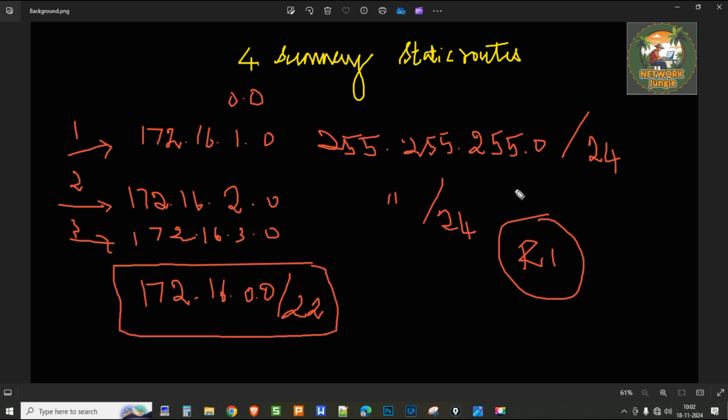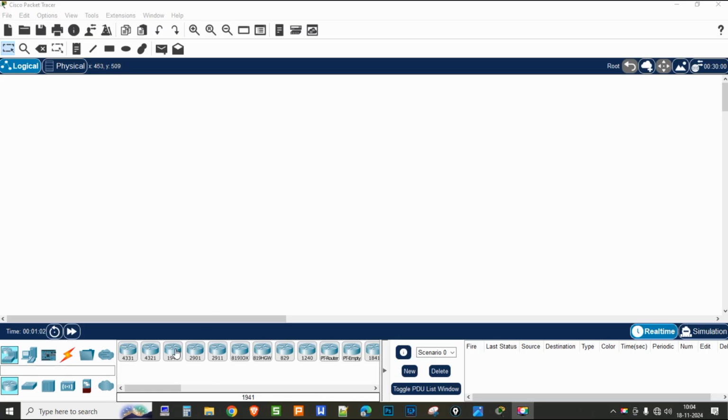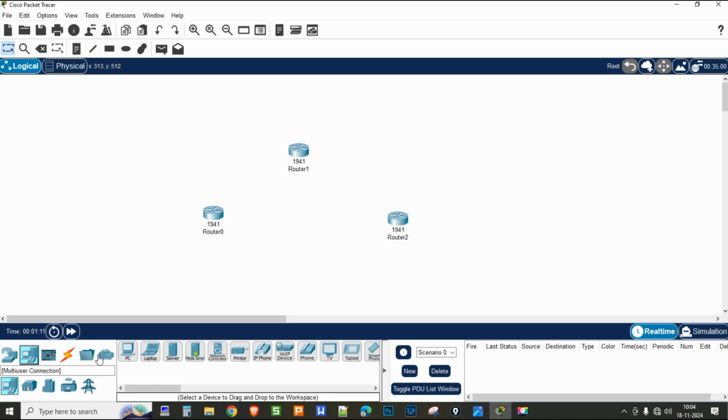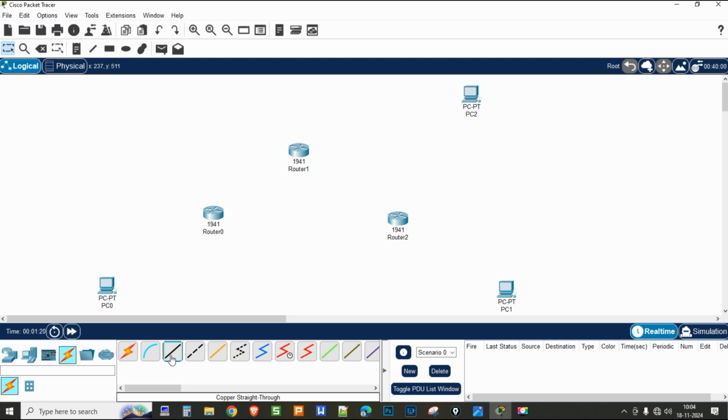Let's take the practice on configuring the static route using Cisco Packet Tracer. Let's configure the routing. Here I need to take 3 routers. I use 5 LAN segments. First Ethernet. I need to take the switch also.